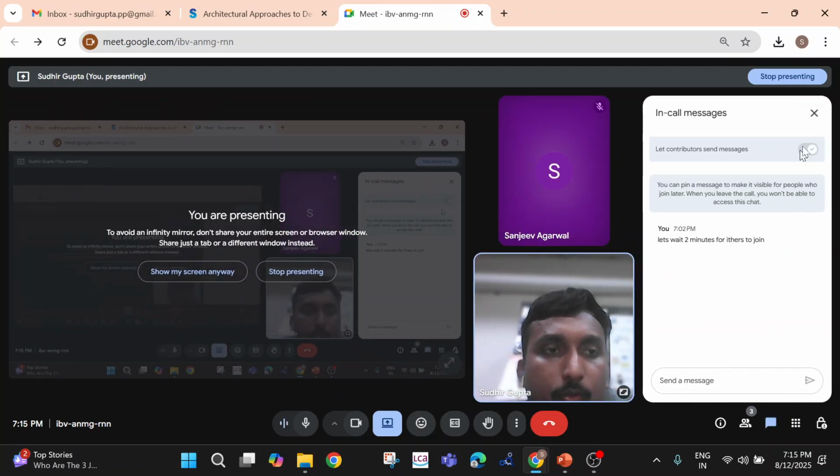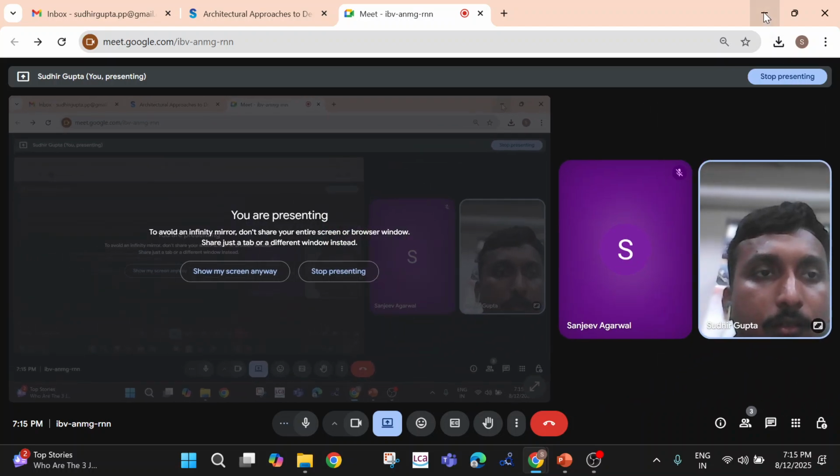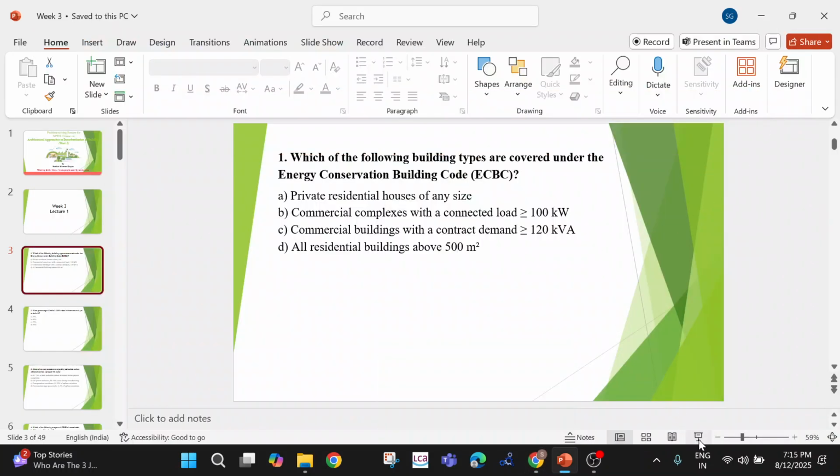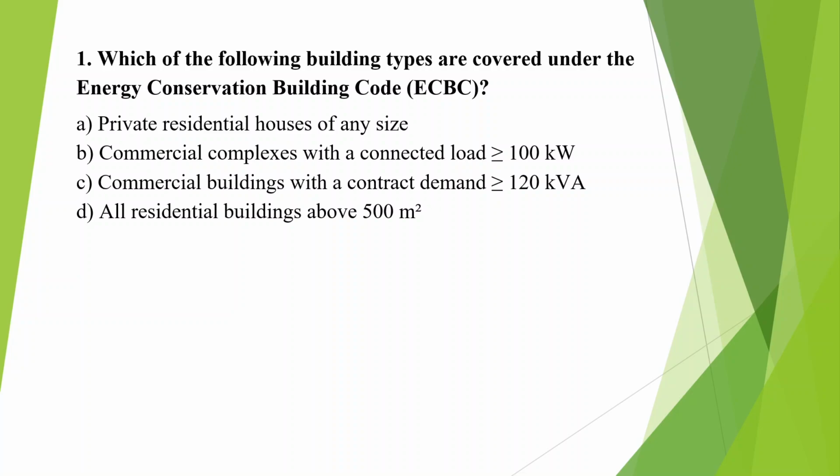Try to answer, and if you don't know the answer, then after 1 minute we will discuss it. Read all the options carefully. Which of the following building types are covered under the Energy Conservation and Building Code? Out of the 4 options, which options are suitable?